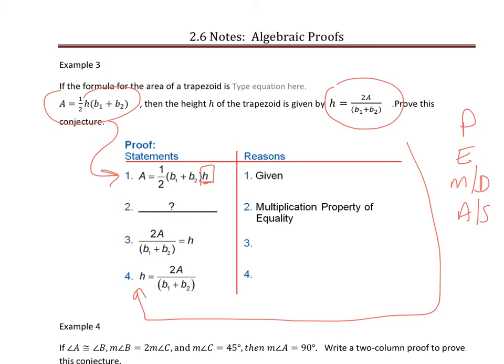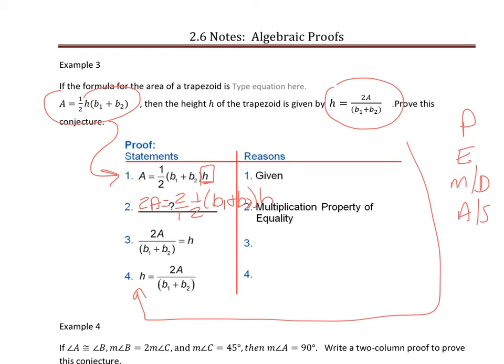Multiplying by 1/2 is really h being divided by 2. So how can we undo that division? Well, we can multiply both sides by 2. So let's say 2a equals 2 over 1 times 1/2 times the sum of the bases times h. So we've multiplied both sides by 2.